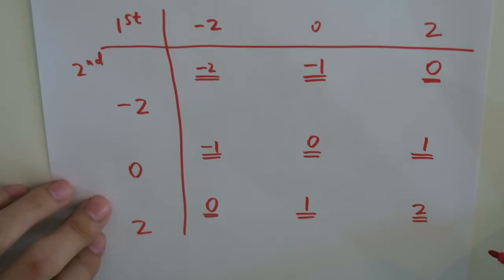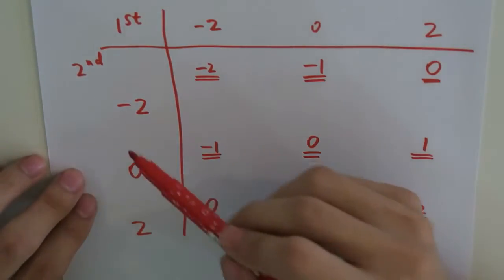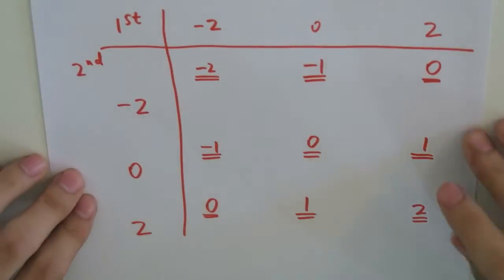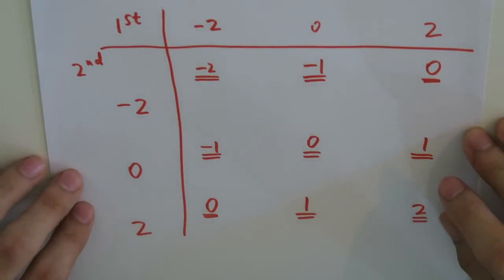Now the next step, we need to find the probabilities. For example, when our sample is -2 and -2, what is the probability?